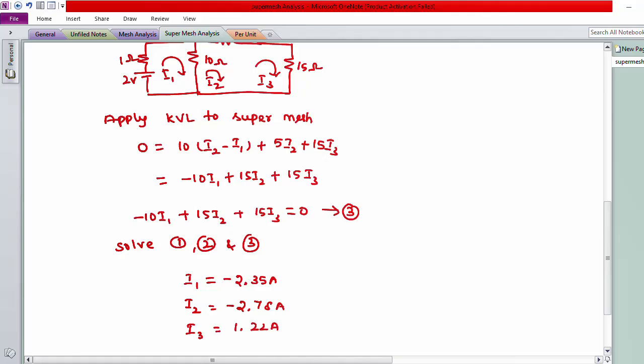These currents may be determined either by using Cramer's rule, or we can solve by using a calculator.